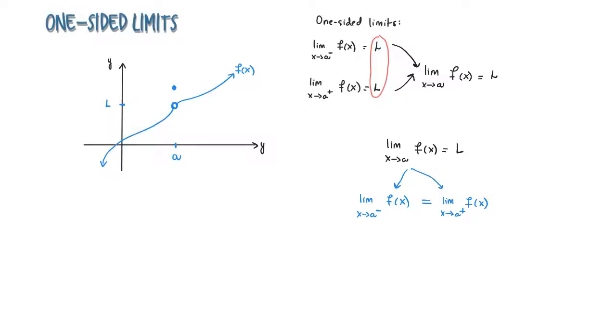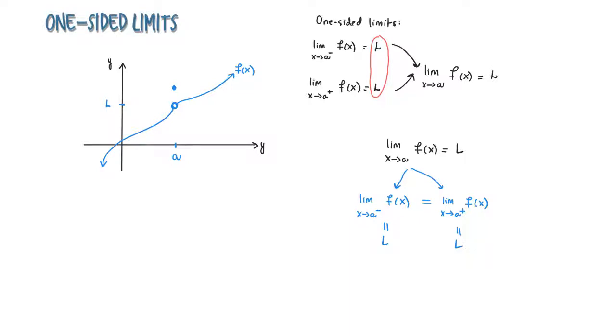Both of those limits are going to be equal to L. So saying that the limit as x approaches a of f of x is equal to L is equivalent to saying that the one-sided limits are identical as well. They have the same value for the limit. Everything is equal to L.